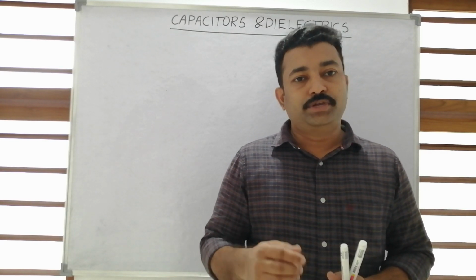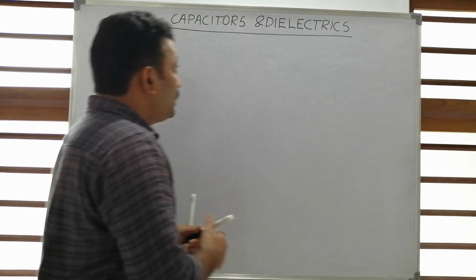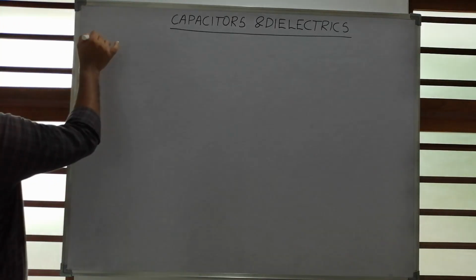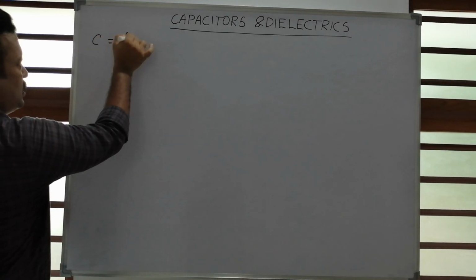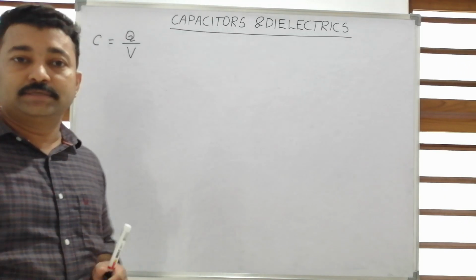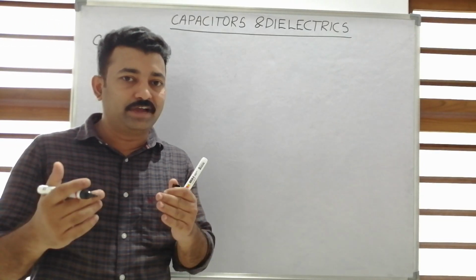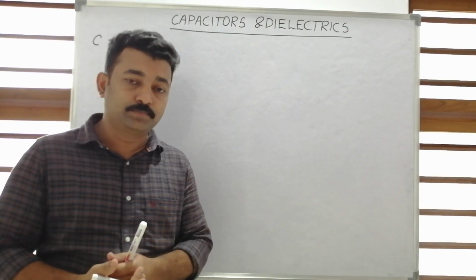Okay. So here is capacitance and capacity. We all have seen what is the capacity, which is C is equal to Q by V, or we say that capacitance of a device is the ability of the device to store electric charge.